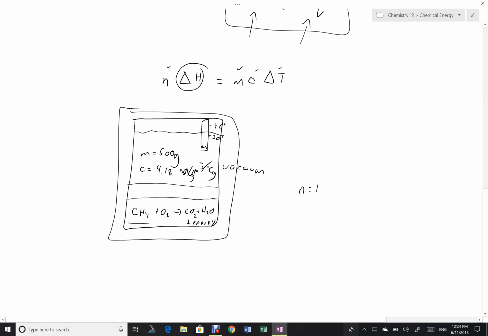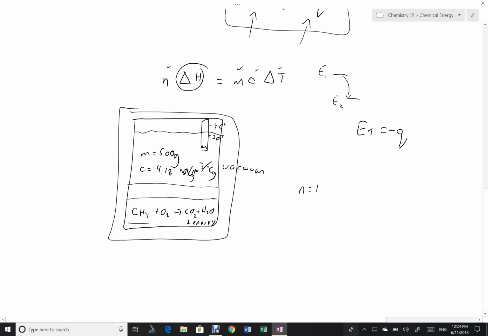Then I can say that since this is isolated, or since it's closed, all of the energy that was produced by this reaction is going to go into the surroundings. If these guys are going to a lower energy state, as in an exothermic reaction, that is going to release energy to the environment.